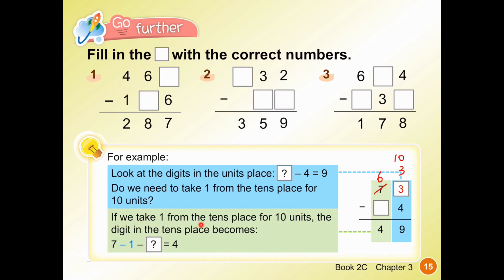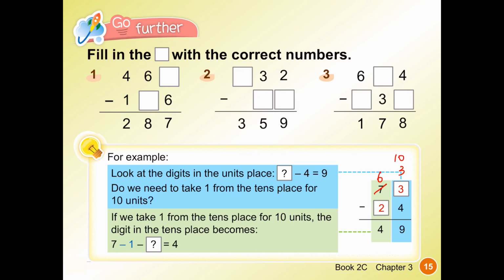If we take 1 from the tens place for 10 units, the digit in the tens place becomes 7 minus 1, which is 6. And 6 minus something equals 4. And we know that is a 2 here.